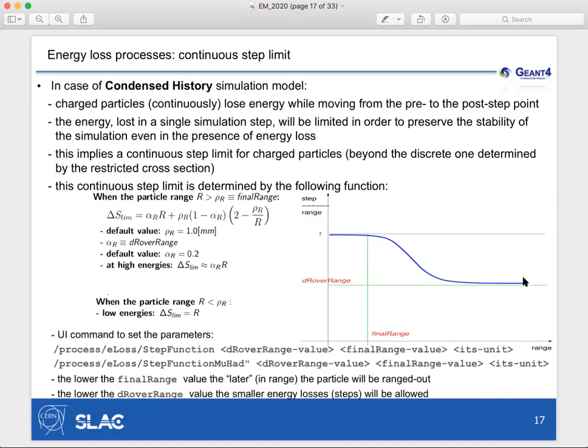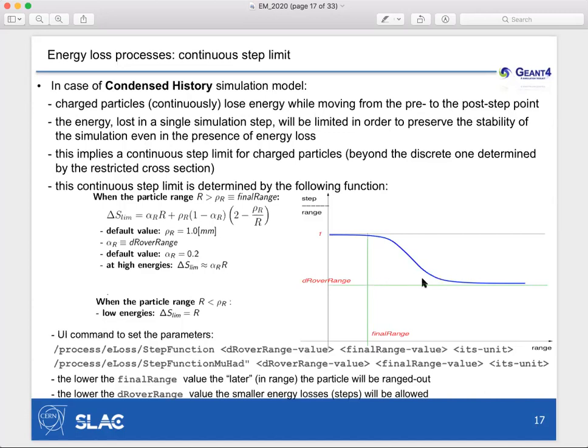So as long as the range is high, the continuous step limit will make sure that the particle doesn't go further than 20% of the range. But if it were always like this, you can imagine when the electron energy would go down and down and down, the range would go down and down, and you keep this 20%, 20%, 20%, then you would hardly finish the simulation.